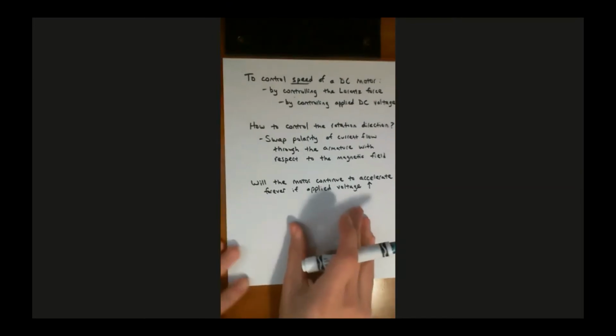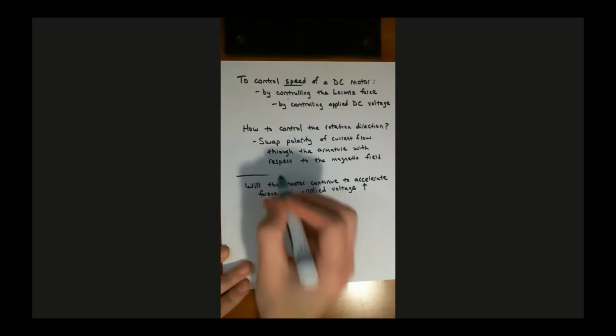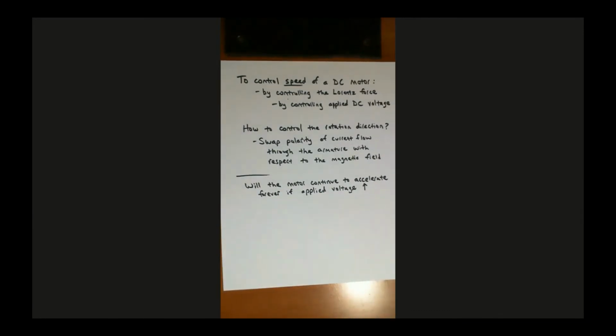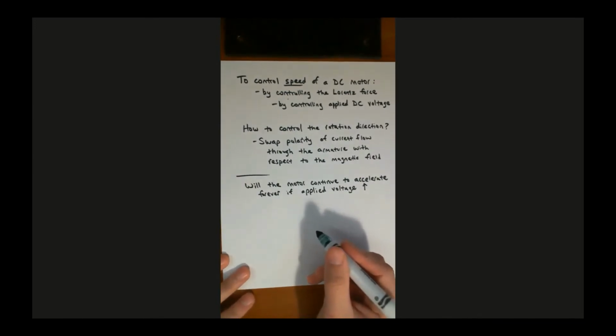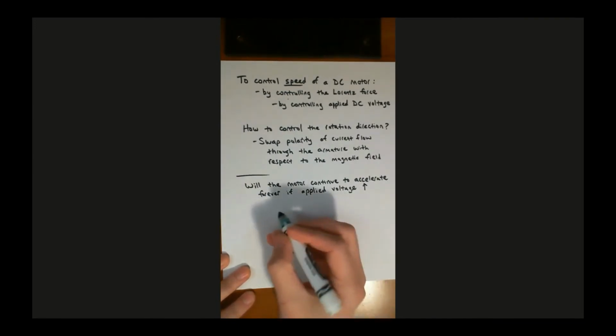So the answer to the question, will the motor continue to accelerate forever if the applied voltage increases, is no. It's not going to increase forever. And ultimately, the reason is because of counter EMF.